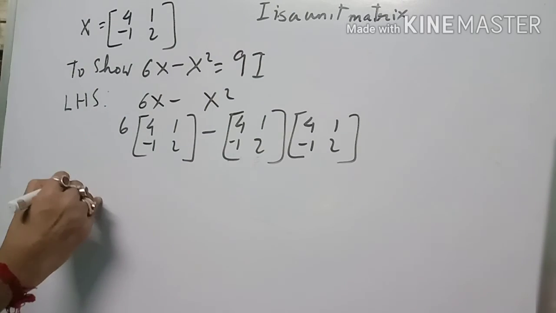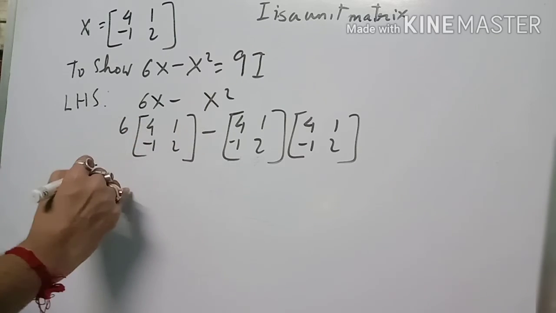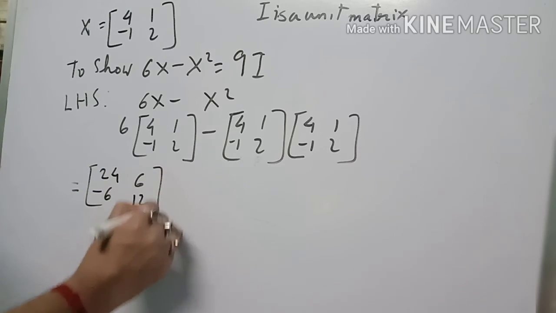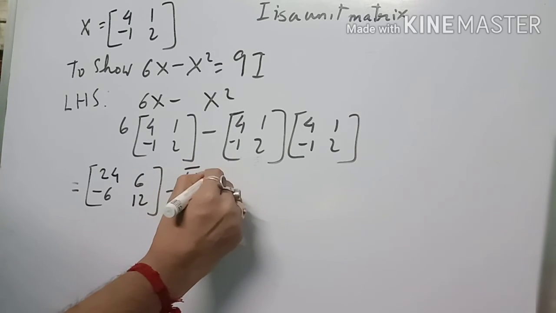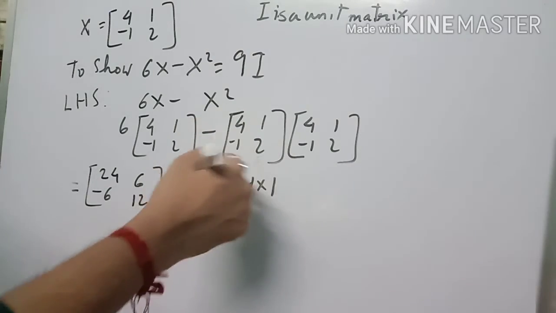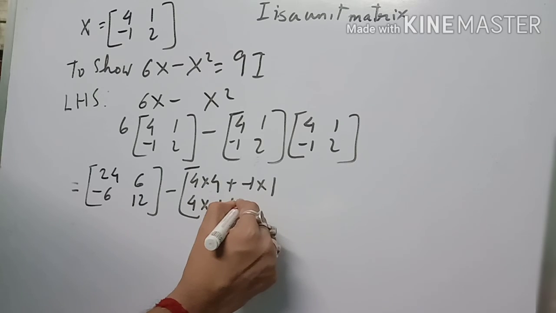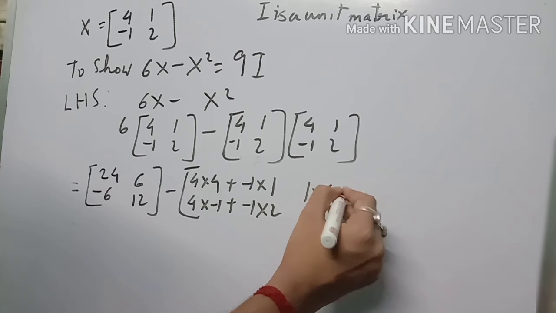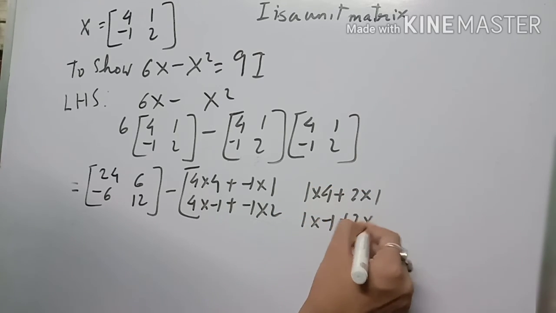So what are we getting? Let us do the multiplication here. It's becoming 24 and 6, minus 6, 12. Fine. So multiplication here: 4 into 4 plus minus 1 into 1, again 4 into minus 1 plus minus 1 into 2 on this side. 1 into 4 plus 2 into 1, 1 into minus 1 plus 2 into 2.